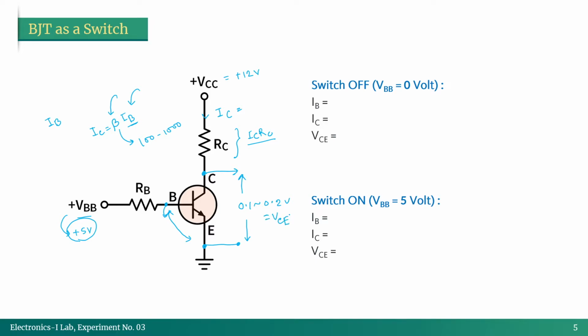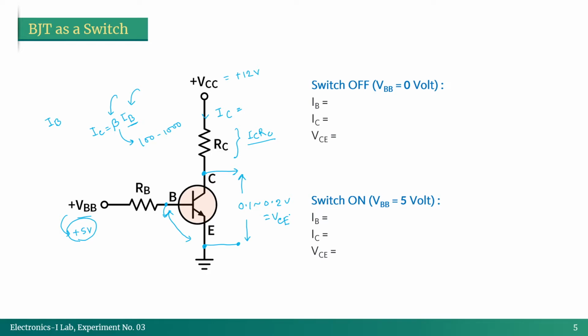Theoretically, it can be thought of as almost 0 volt, but practically we will see that there will be some voltage across our collector to emitter terminal. So that's why you will see that right now our BJT is turning on.